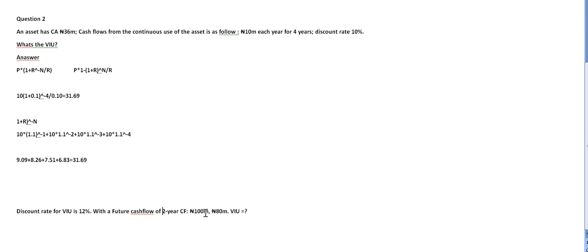Cash flow for year 1 is 100 million. Cash flow for the second year is 80 million. Determine the value in use. Can we quickly do that?